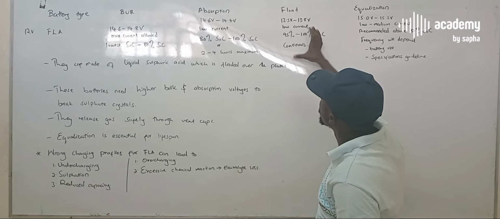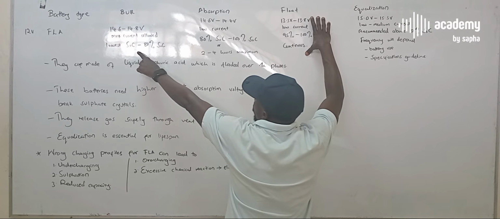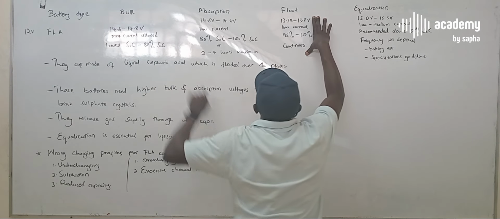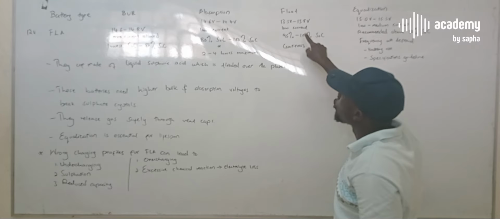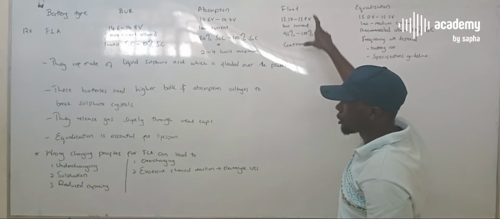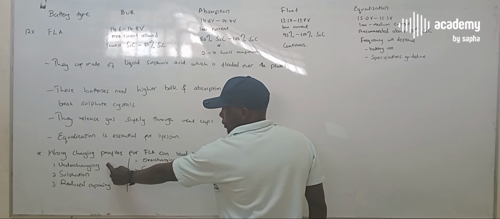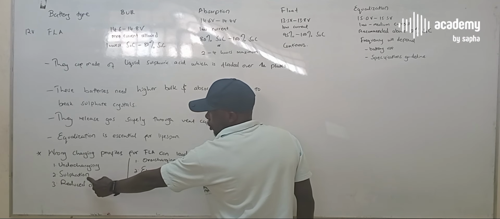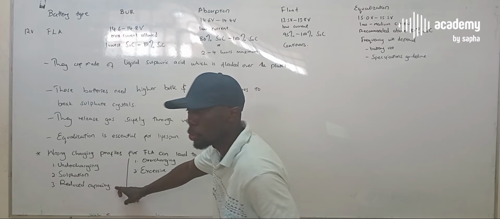That means that if the SOC of this battery is below 60%, this battery will be constantly assuming that it's on the float stage charging cycle, which leads to undercharging. And this undercharging is the reason for sulfation and reduced capacity.